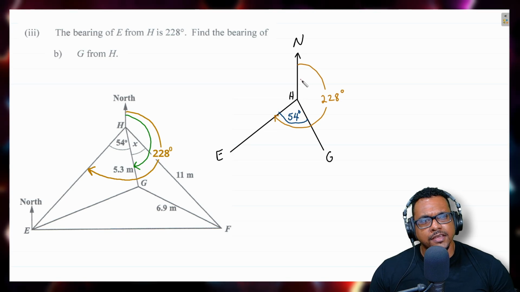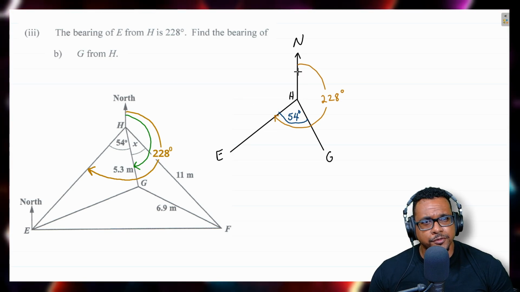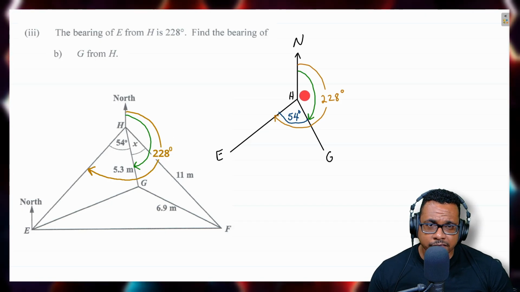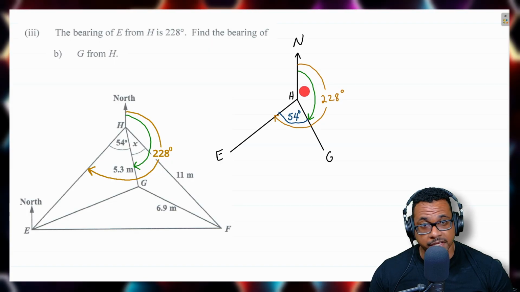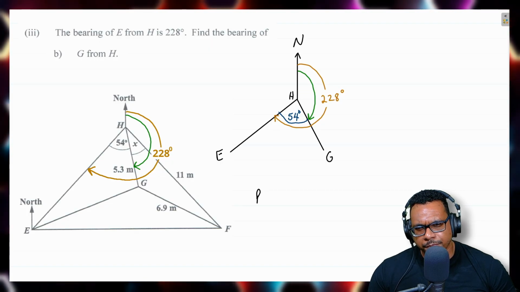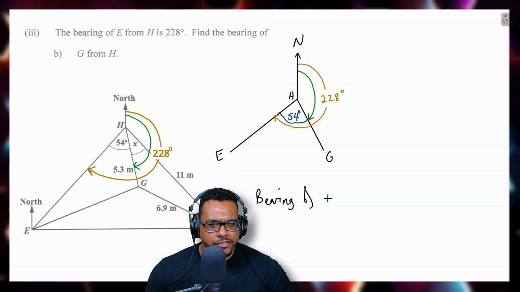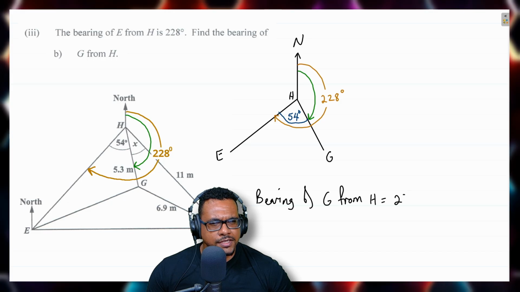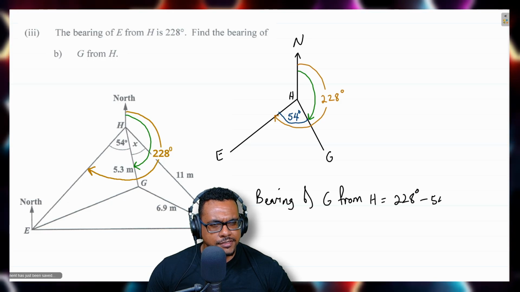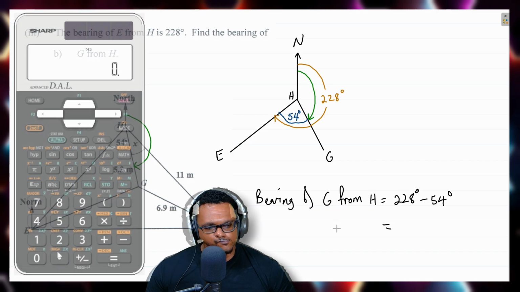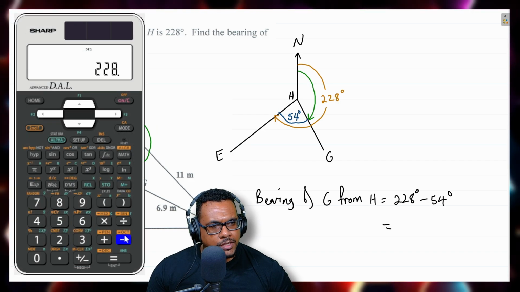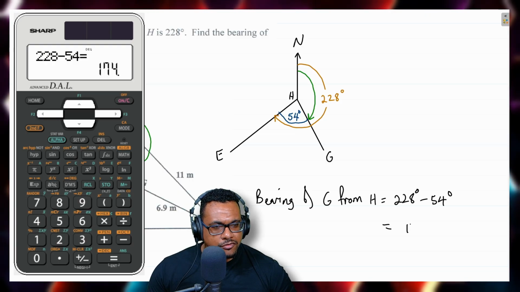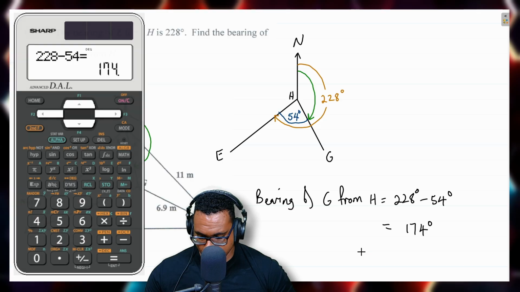Then think about it. If this is the angle that we want, let's put that in green. So we want this angle here, in a clockwise direction from the north line. All we have to do is take away the 54 from the 228, and we get this angle here. So the bearing of G from H is equal to 228 degrees take away 54 degrees, and we get 174 degrees.